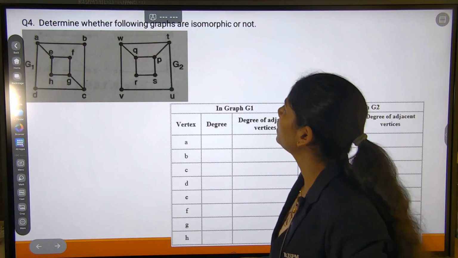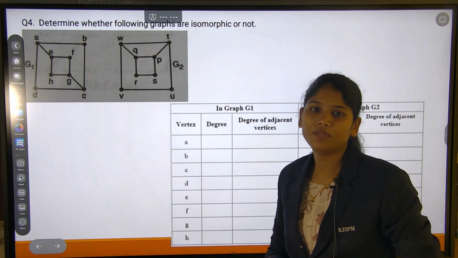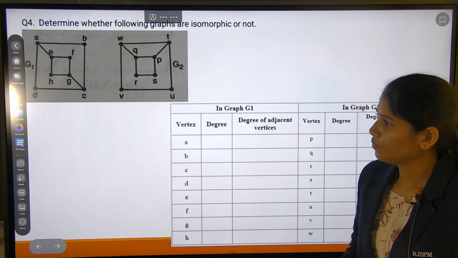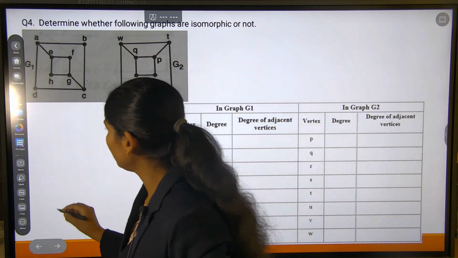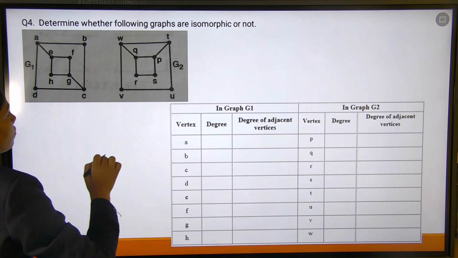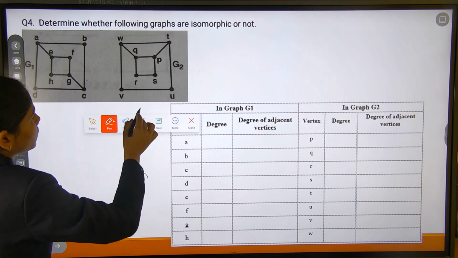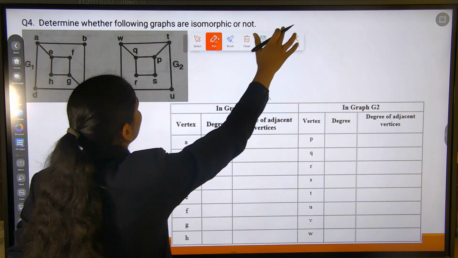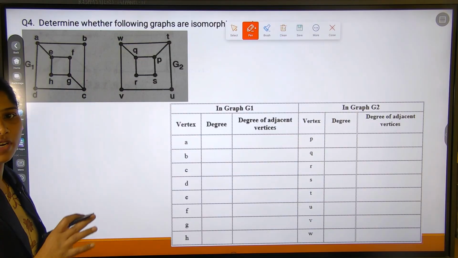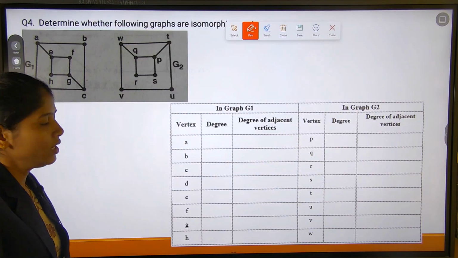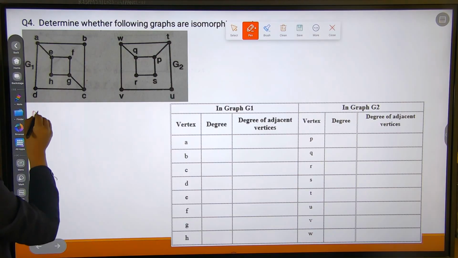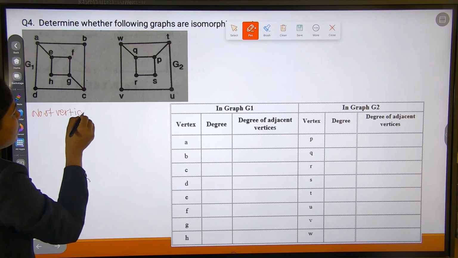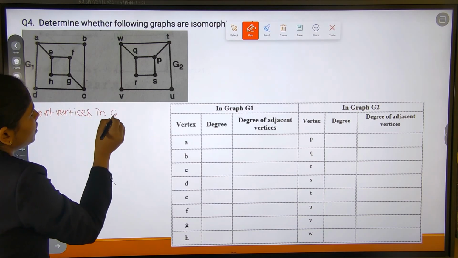Next example is the same. Determine whether the following two graphs are isomorphic or not. So check here the first condition: the number of vertices and number of edges in both graphs.